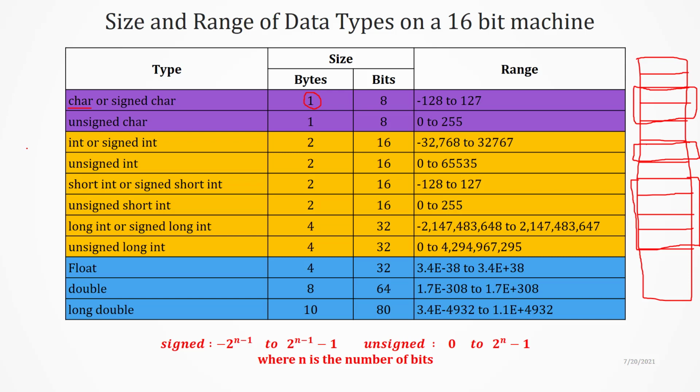For writing our C programs, you need not study everything. Only some things are needed: char, int, float, and also double. Sorry, this float is actually a small letter f, not a capital F. It's a typing mistake.